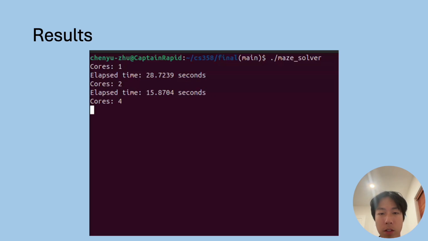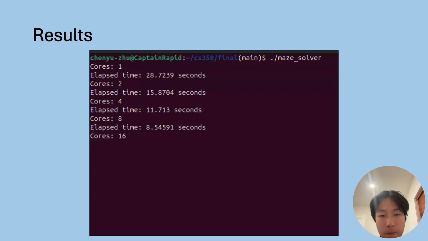Now it's much faster. It takes around 16 seconds. And let's see for 4 cores. 11.7 seconds, even faster. And for 8 cores, 8.5 seconds, still increasing its speed.